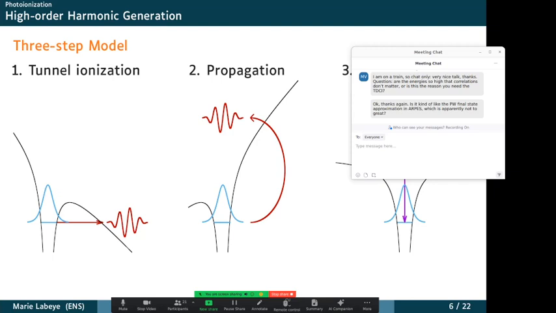I'm not actually very familiar with ARPES because I do 1D models, so most of the time I don't have an angle. But I guess it's related, right?